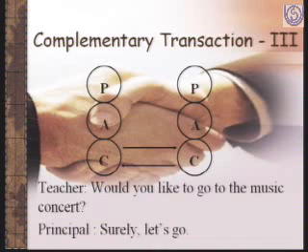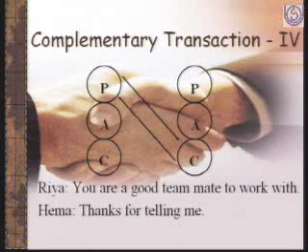When the principal replies, surely, let's go, the principal is also in the same ego state as the teacher, the child ego state. So these are known as complementary transactions. We will see the next slide and see the fourth type of complementary transaction.